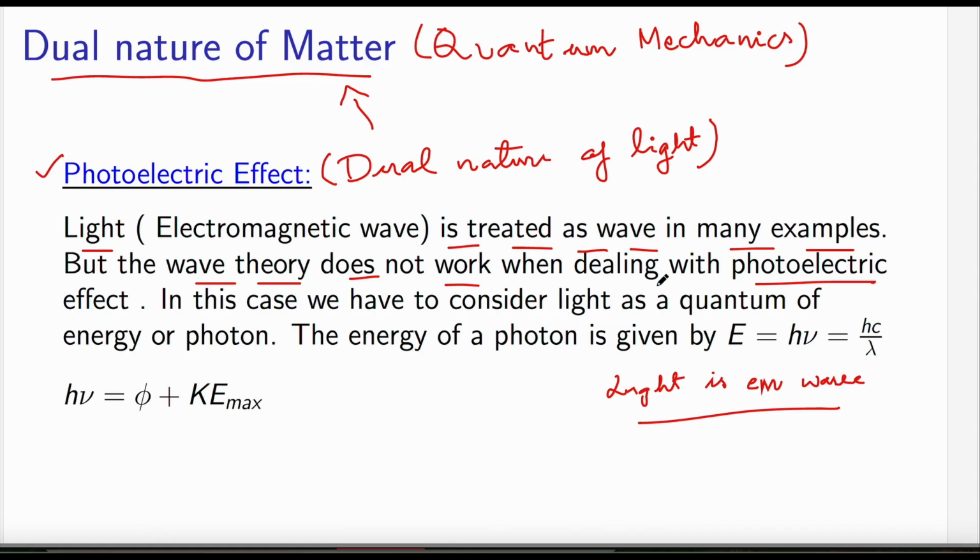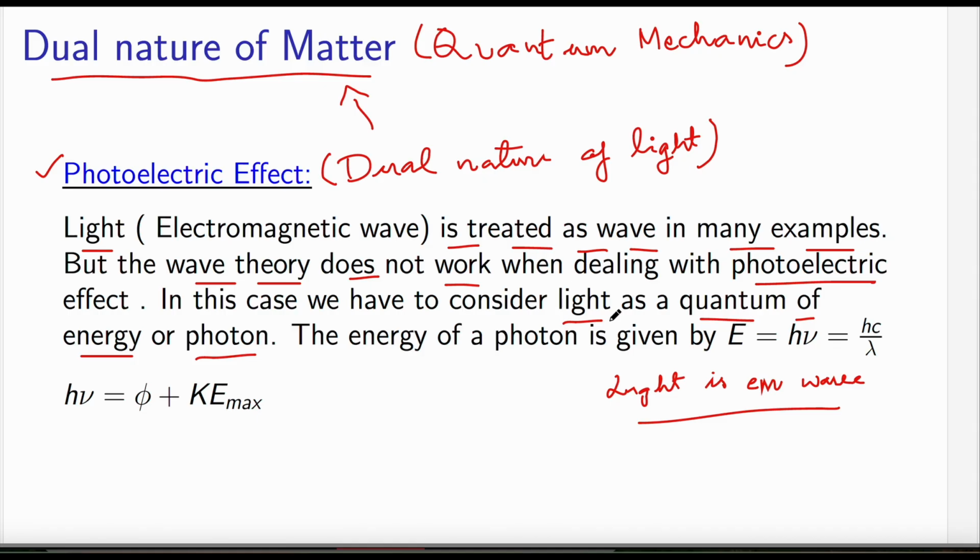So in this case, what we have to consider in photoelectric effect is that light is composed of quantum of energy, or photon. Light may not be just looked upon as an electromagnetic wave.